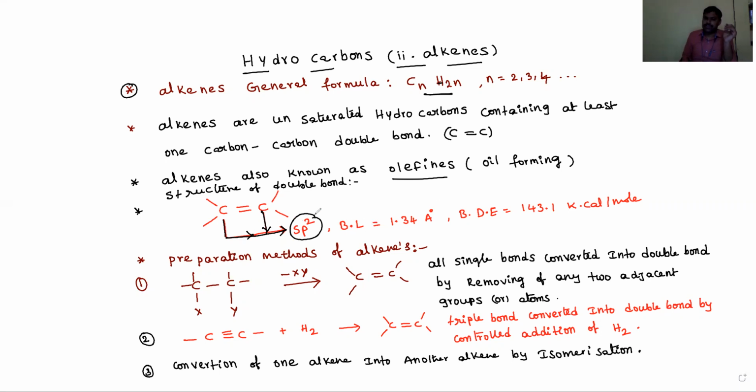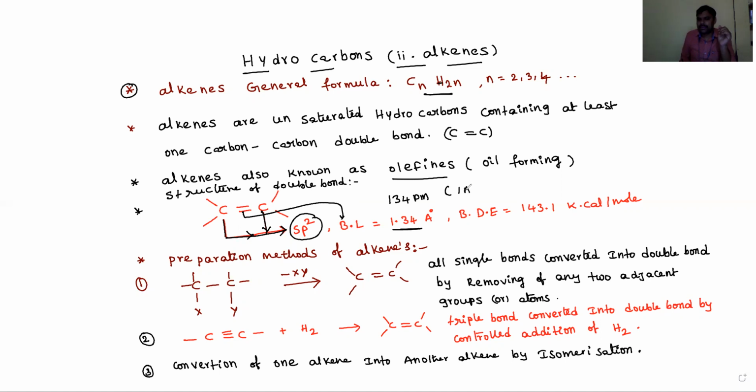For the carbon-carbon double bond, the bond length is 1.34 angstroms, or 134 picometers, because 1 angstrom is equal to 100 picometers.